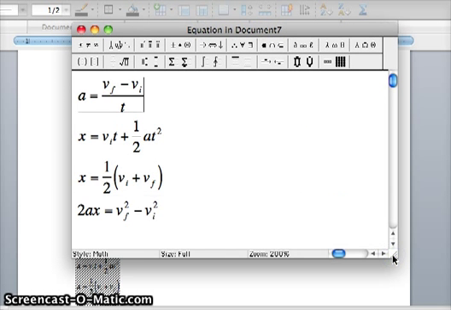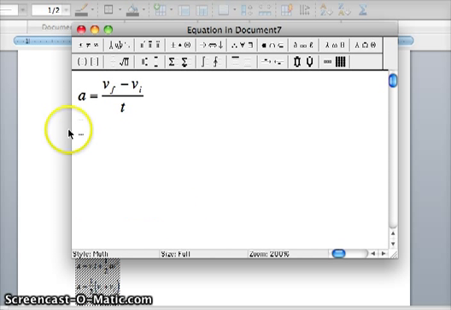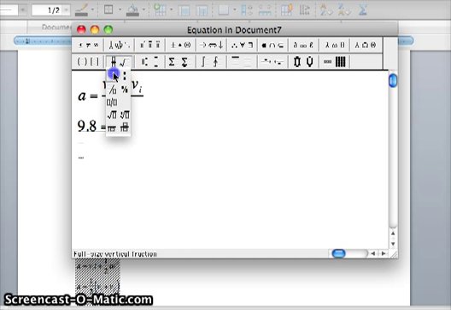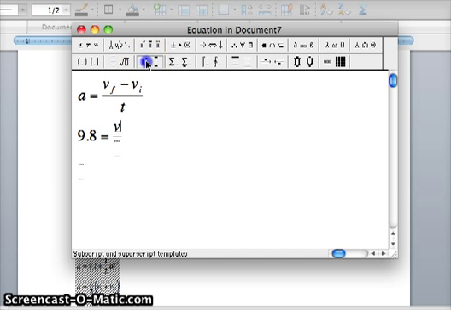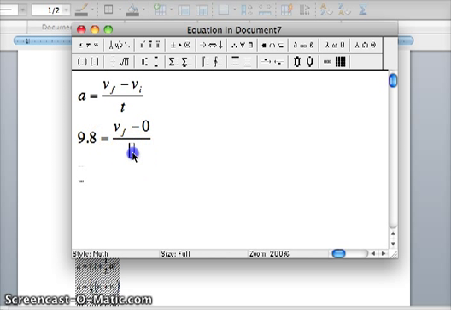That's going to represent the final speed, so we're going to use the definition of acceleration. So the acceleration is 9.8, and that's equal to v final, which is what we're trying to find. And then the initial speed, starting from the top, is going to be 0, and then the time is going to be 1.5.